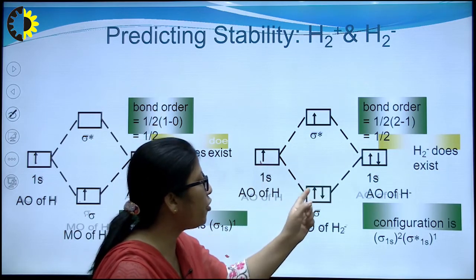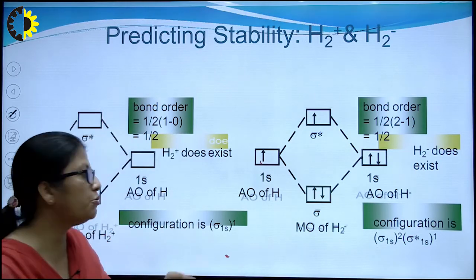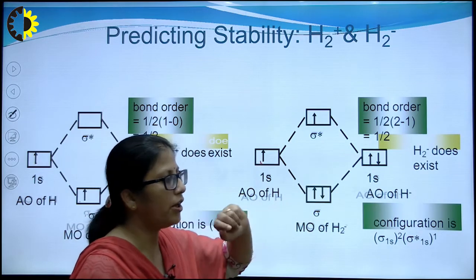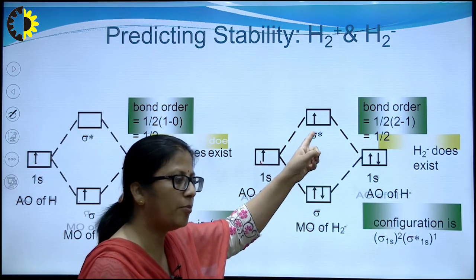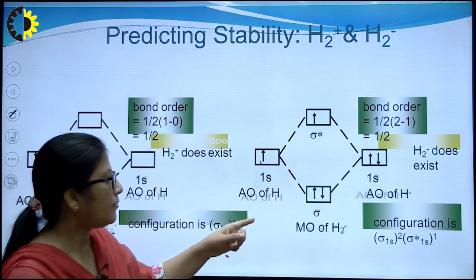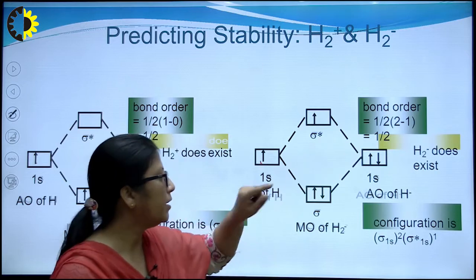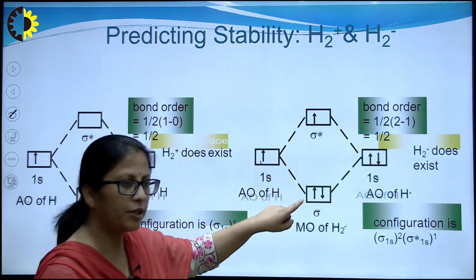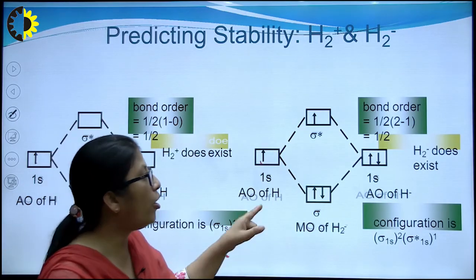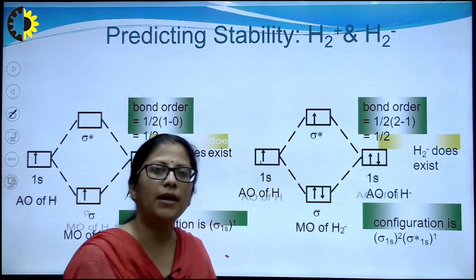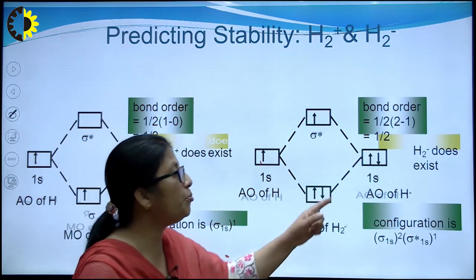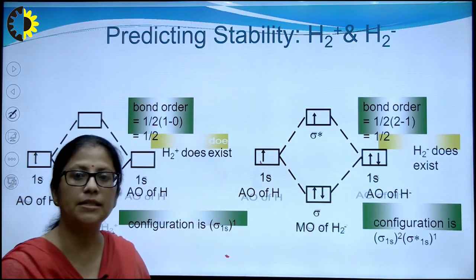The first 2 electrons with anti-parallel spin enter into the bonding molecular orbital, that is the sigma, and the remaining 1 electron enters into the sigma star orbital, that is the anti-bonding molecular orbital. So, again when we calculate the bond order, the bonding molecular orbital contains 2 electrons, whereas the anti-bonding molecular orbital contains only 1. So, the bond order will be 2 minus 1 divided by 2, which is again half, which shows that the H2 minus molecule also exists in nature.